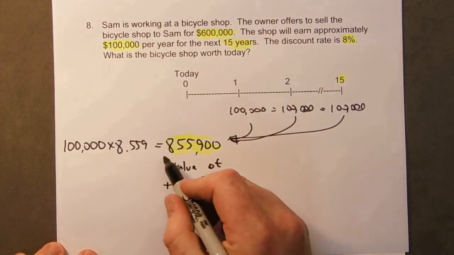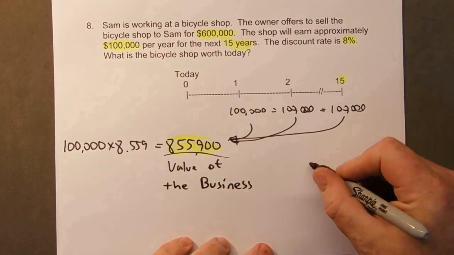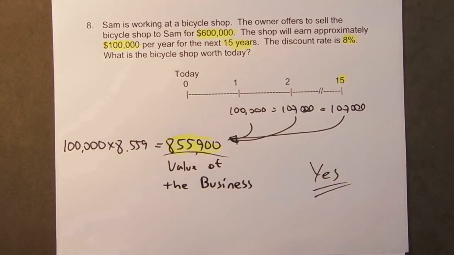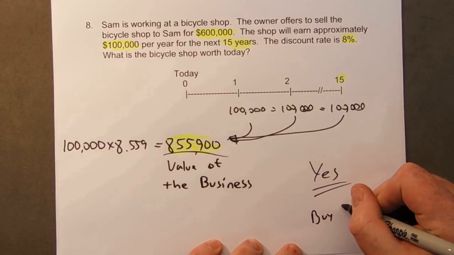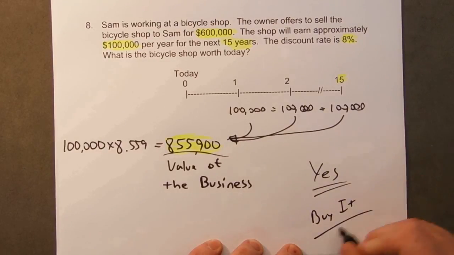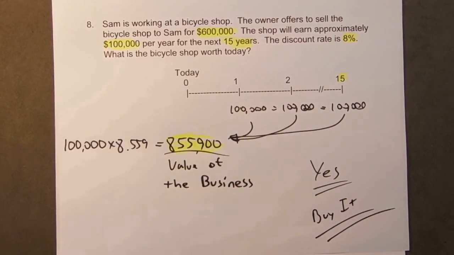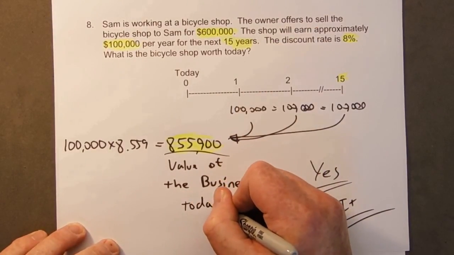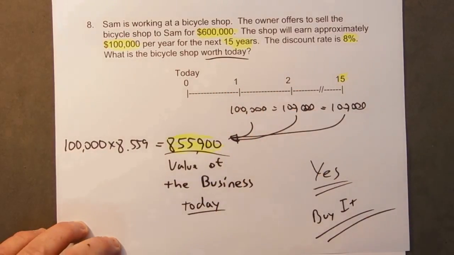So that's the value of the business. So you say, yes, I'll buy for $600,000 your shop that is worth $855,900. The value of the business, and again, this is today, right now. This is what the business is worth. These are in today's dollars, so we can compare them.